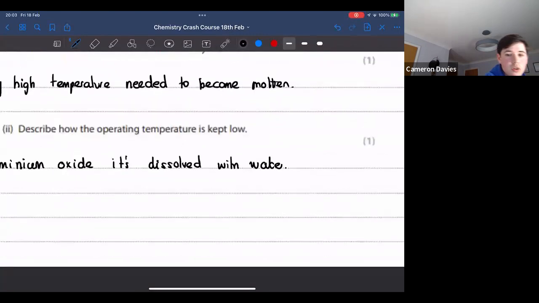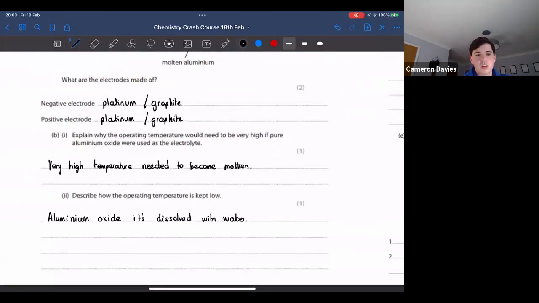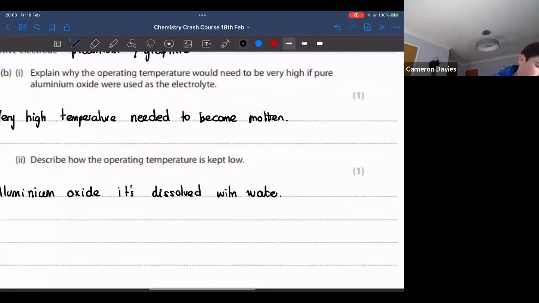So when something is dissolved with water, water is going to have a lower temperature than the aluminium oxide. Now it's molten, and therefore that's going to keep the temperature a bit lower than it was before. So hopefully that makes sense.